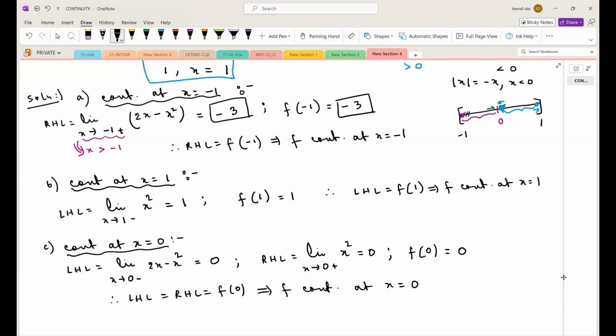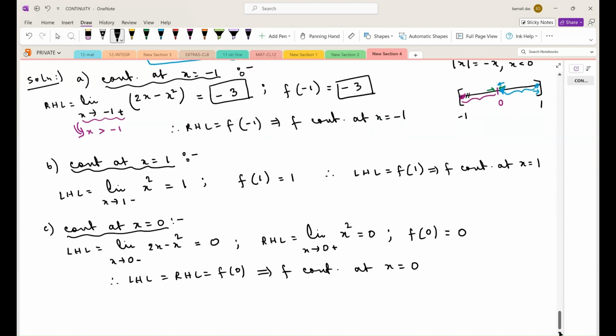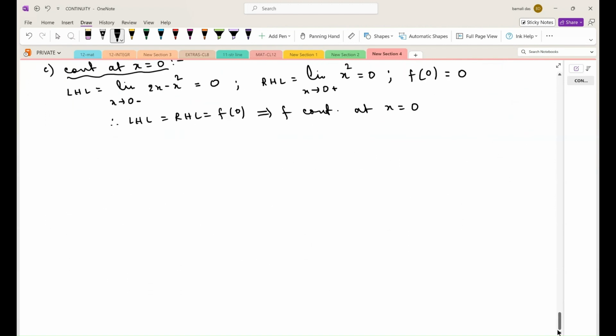Now, what we are left with is the two open intervals minus 1, 0 and 0, 1. In this portion, we don't have to check anything. We simply write it like this.